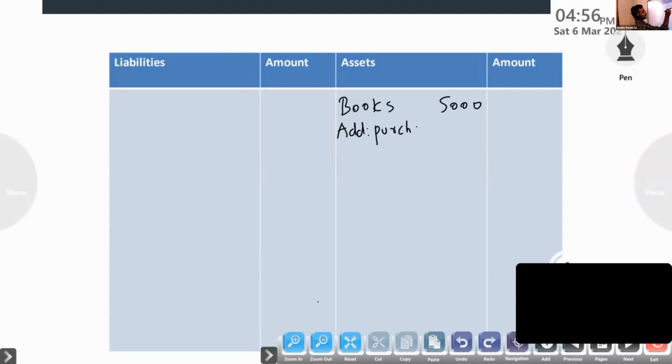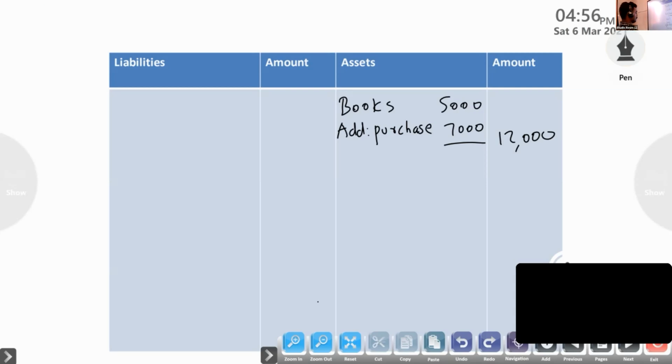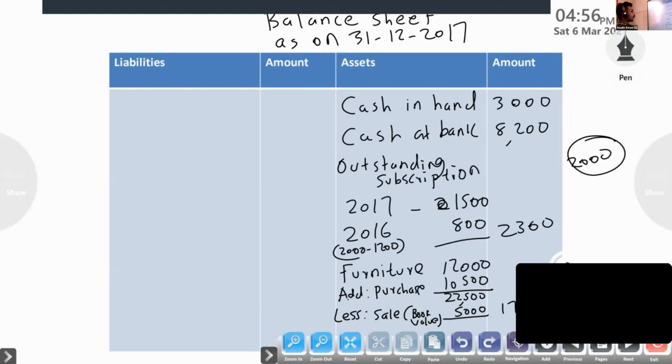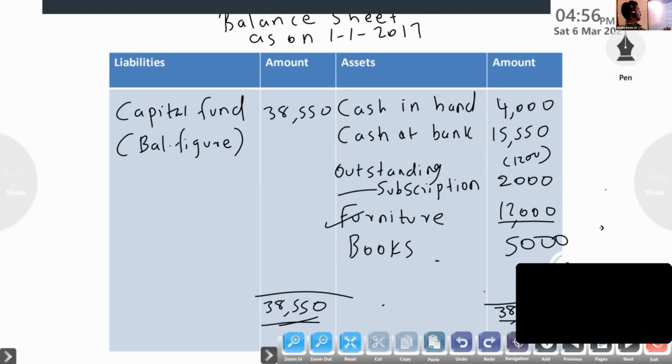Payment side, any item given, that is purchase. Books, add purchase 7,000. Okay, add purchase. Books, add purchase 12,000. Now the asset side is over.